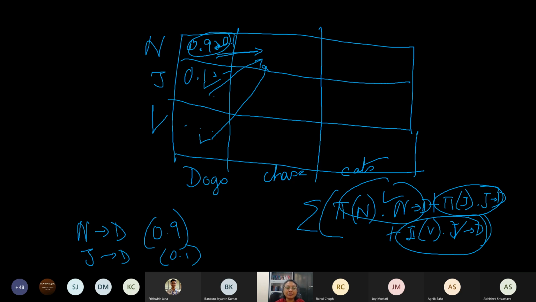Then we take this probability and multiply by the transition probability from verb to noun. Then we take this probability and multiply by the transition probability from verb to noun. And we take the summation. And with this, we take the product of the emission probability, that is noun to chase.